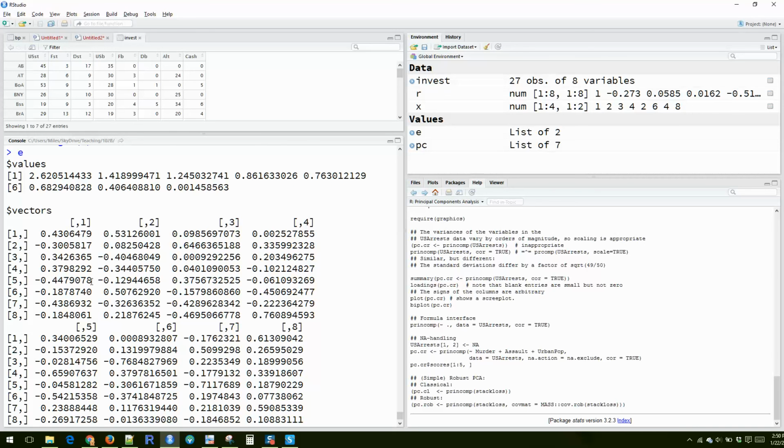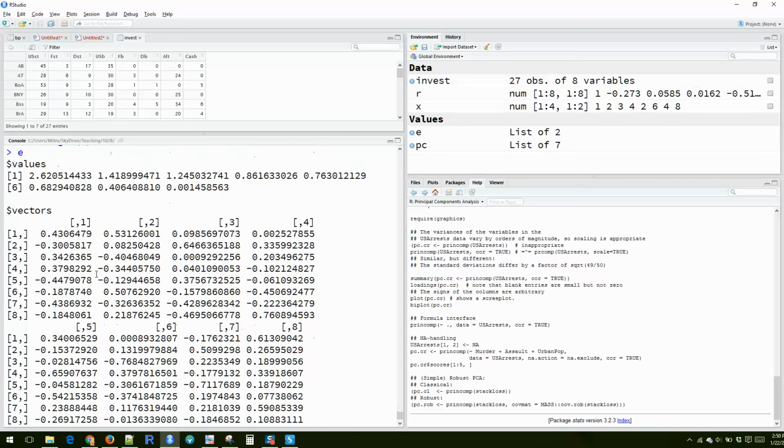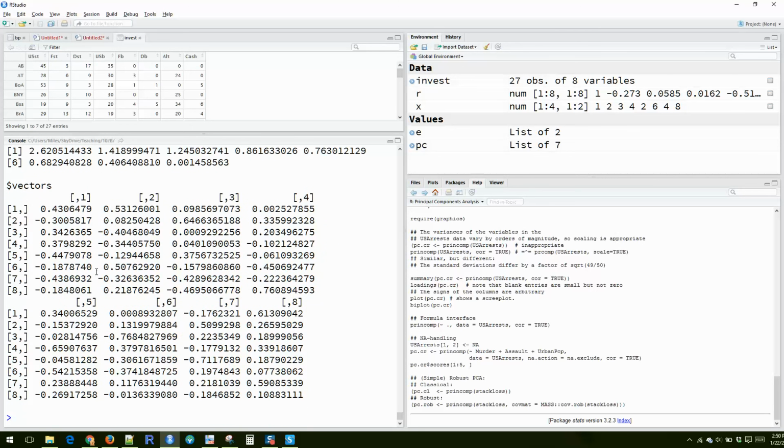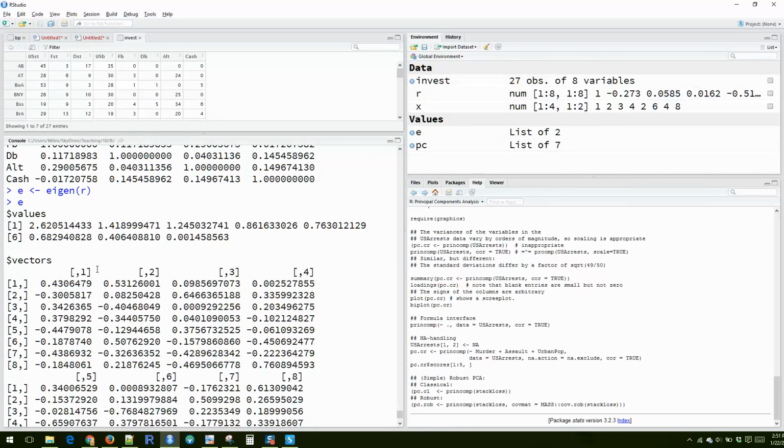Did I mess something up? And so our eigenvalues and our eigenvectors in effect give us our decomposition, but let me see.